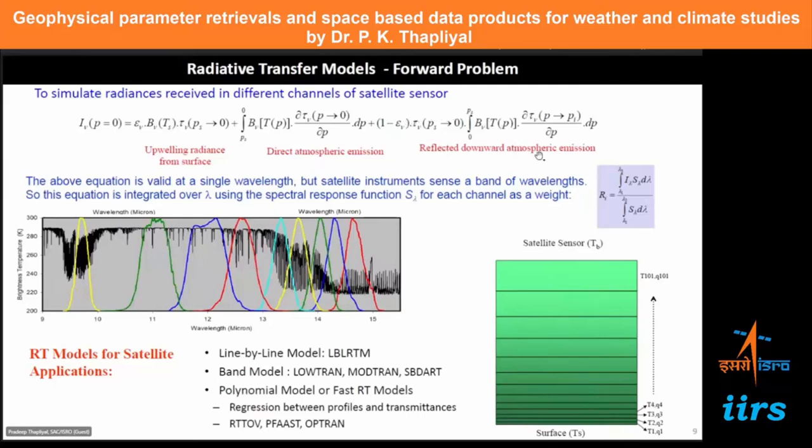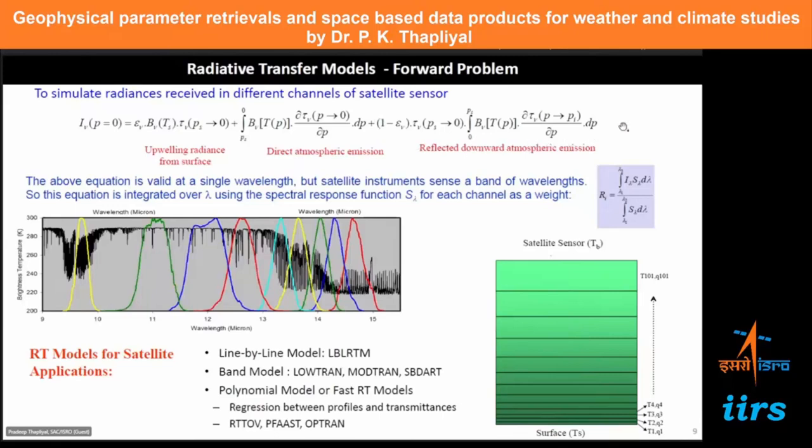The third term is not very important here, because if a layer is emitting, it is emitting in both directions, upward as well as downward. The downward radiation gets reflected by the surface, and again travels back to the satellite sensor, so that comes in the third term. But in infrared, the third term becomes very, very small.